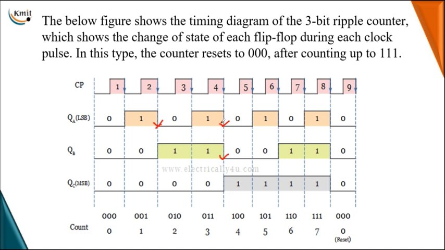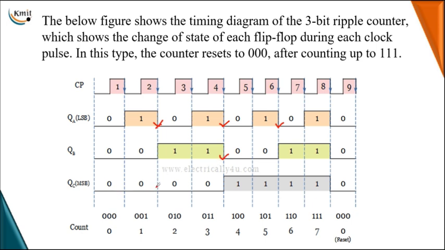On this second negative edge of the least significant flip-flop, QB will alter from 1 to 0. In the same manner, this 0 continues till I get the negative edge on QA, then it will shift to the logical 1 state. In the same manner, QC will toggle its state upon getting the clock edge on the second flip-flop, which is on QB.